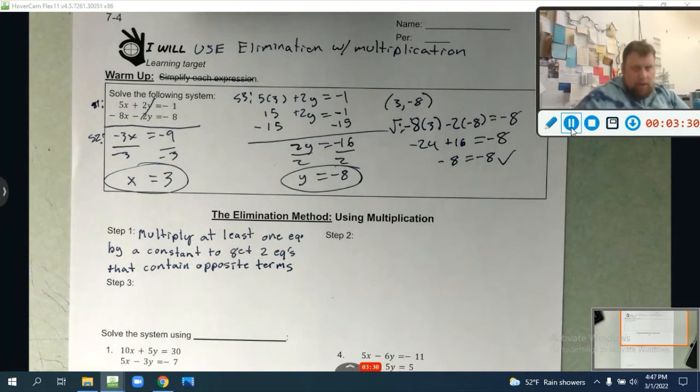Oop, coffee's done. Awesome. So multiply at least one equation, EQ stands for equation, by a constant to get 2 equations that contain opposite terms.